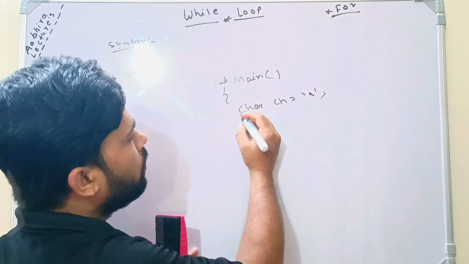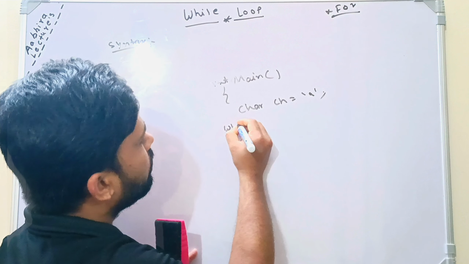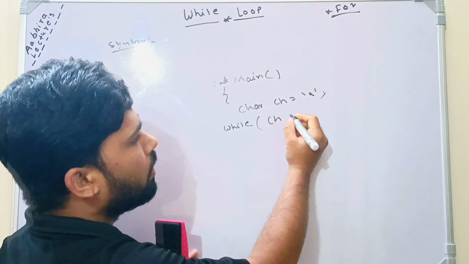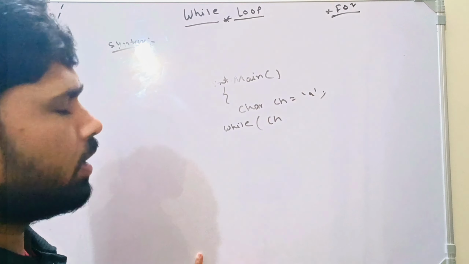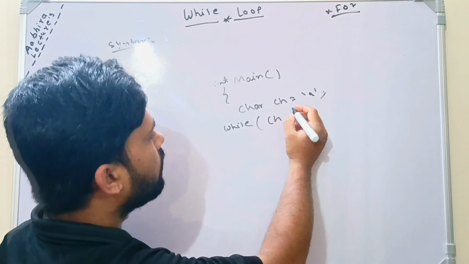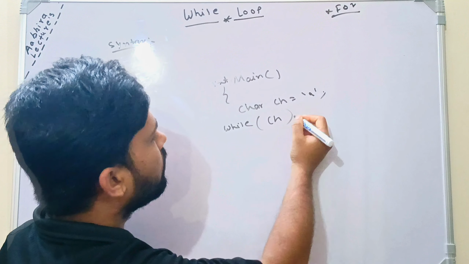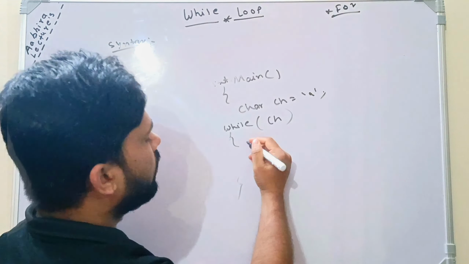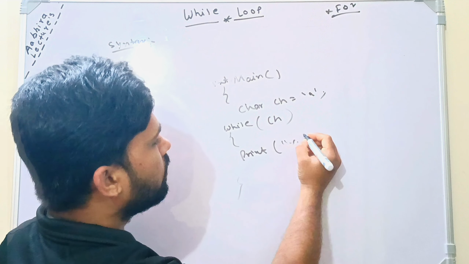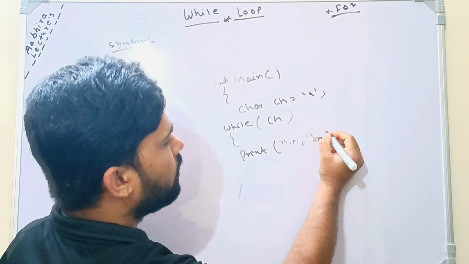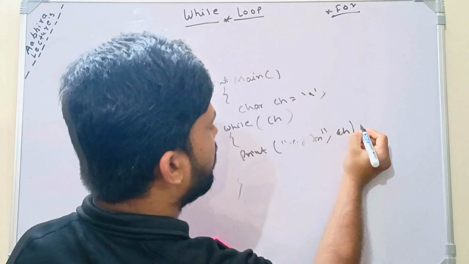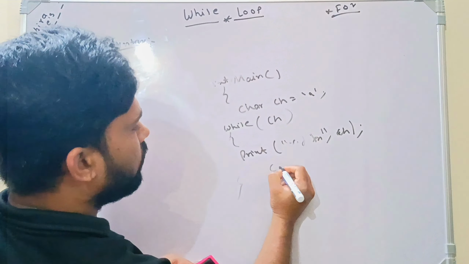Now while, for the char, you have to give the condition on ch. Open the bracket, then the print statement with %d and \n, then ch, and close the bracket. Then do ch increment.